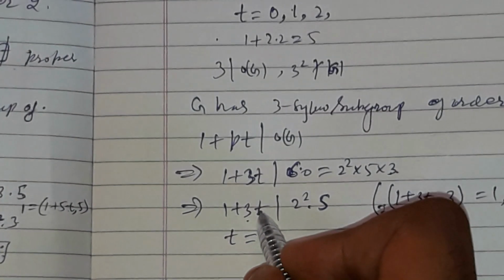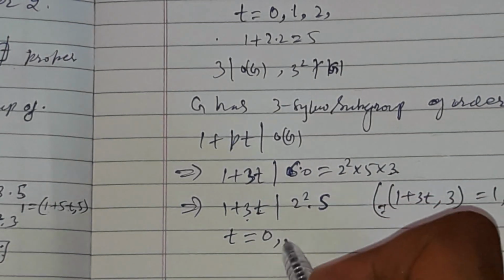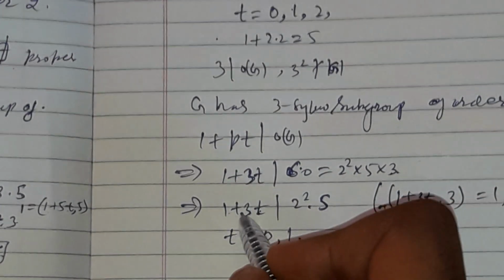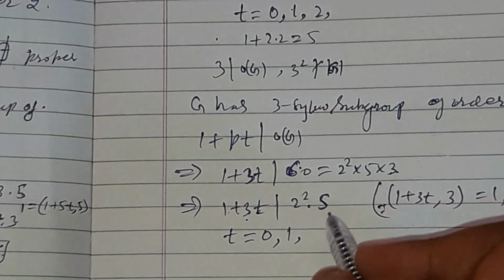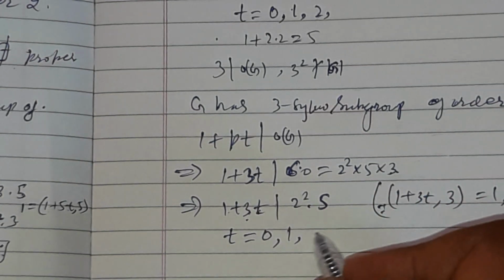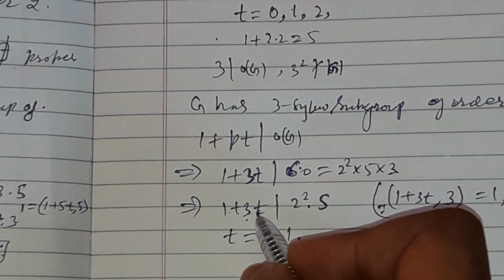If you put 2, this becomes 7. Does 7 divide 20? No, 7 doesn't divide 20, so 2 doesn't work here.